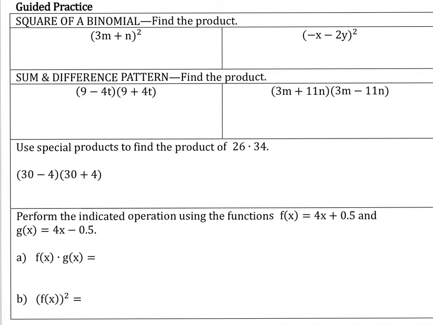So this is a, this is b, and then plus 2y squared. And then we make positive x squared. And here a negative, negative makes positive. 2 times 2, 4xy plus 4y squared.